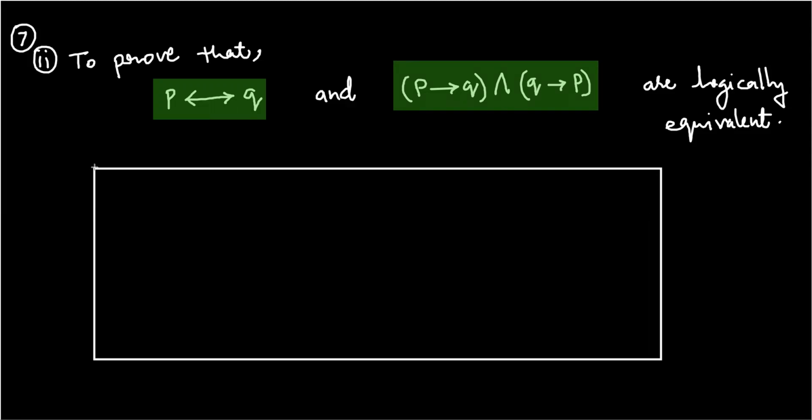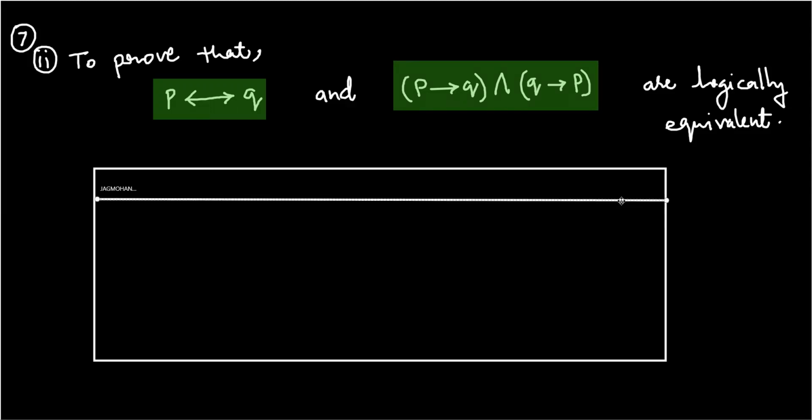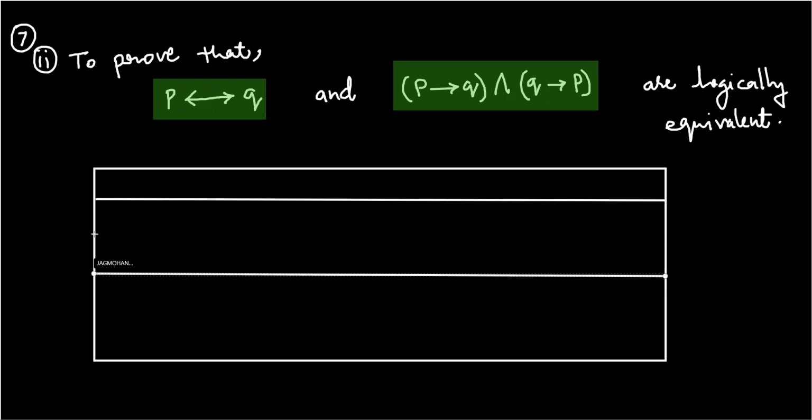Now you all know in a truth table, we will have the first row as the header. And then after that, I will have 4 rows because I have P and Q, 2 component statements. So here I will have 4 rows below this.